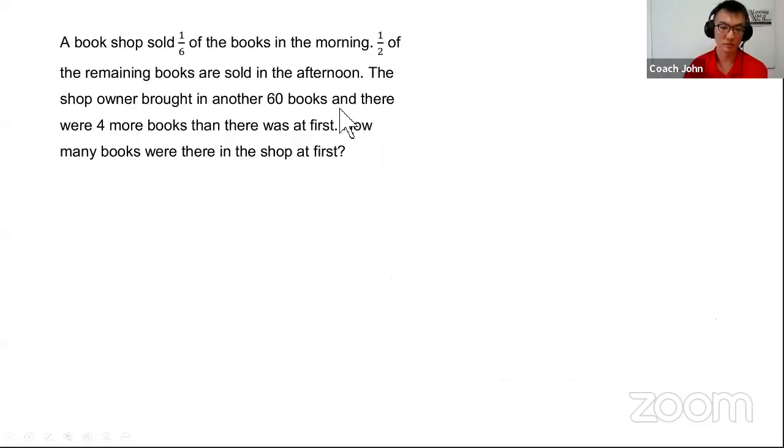Okay, so let me just show my screen. So in this question, we are going to do the problem sum type, which is called remainder concept.